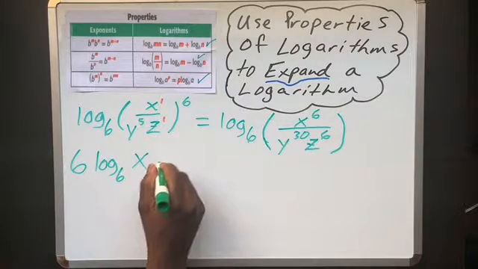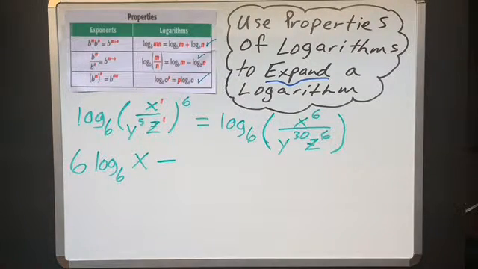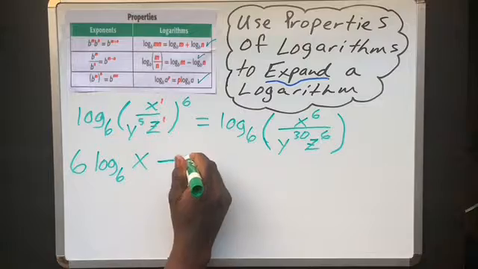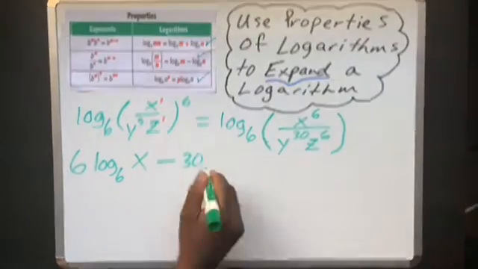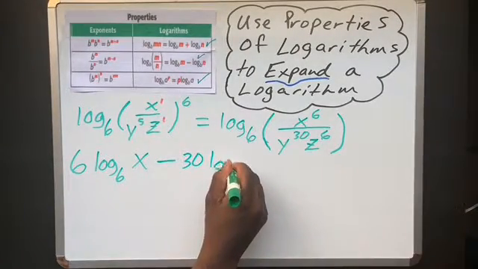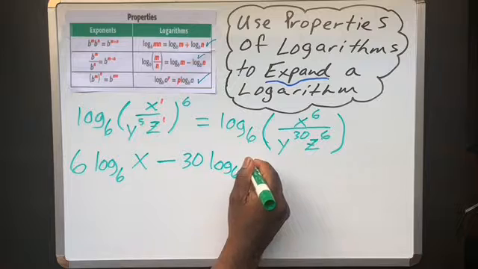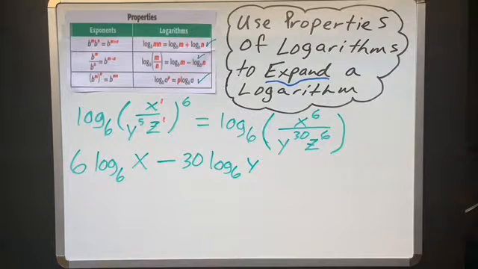And then we're going to subtract, right? Now in this case, look at that exponent. So that's 30 times log base 6 of what? Y, right? Very good.